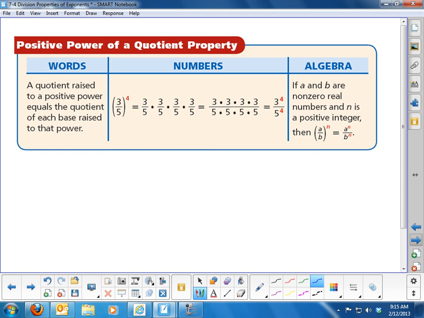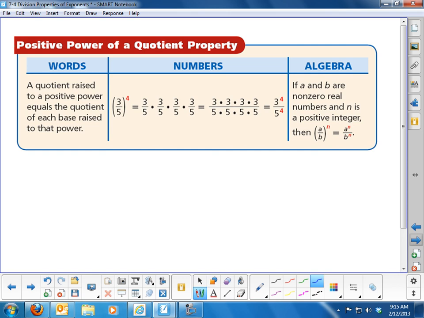You have 4 of those, which is the same thing as 3 to the fourth over 5 to the fourth. This is kind of like how we talked about the distributive property. You're not really distributing, but sort of. You need to remember that the numerator and the denominator both get that exponent of 4.